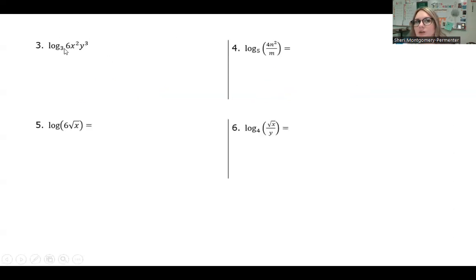The next question, we're going to do the same thing. I have a bunch of things that are being multiplied. So my first step is to spread it apart. And when I multiply, what are they going to do? Add. So I'm going to first split them all up.